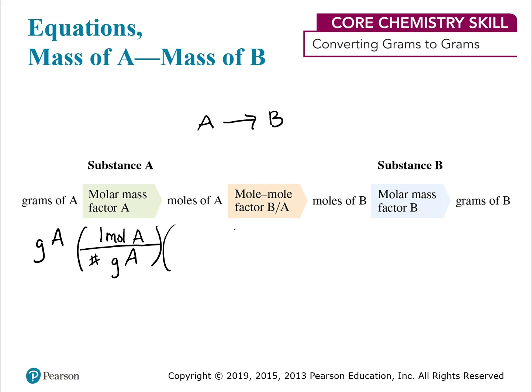Then you'd multiply that by a mole-mole factor. And it's going to tell you how many moles of B you get for every however many moles of A. The last thing is to convert those moles of B to a mass.